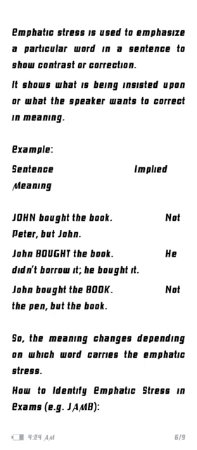Next one, John bought the book. So we are stressing the bought. Since the bought is stressed, it should be something else, right? So it can be lend, it can be borrow, it can be stole. Do you understand? But it mustn't be bought. The next one, John bought the book.